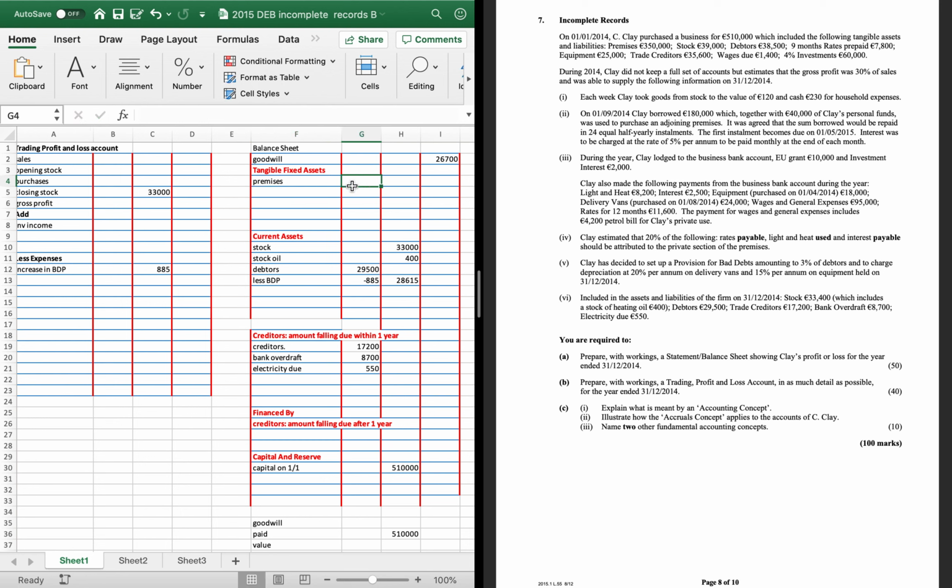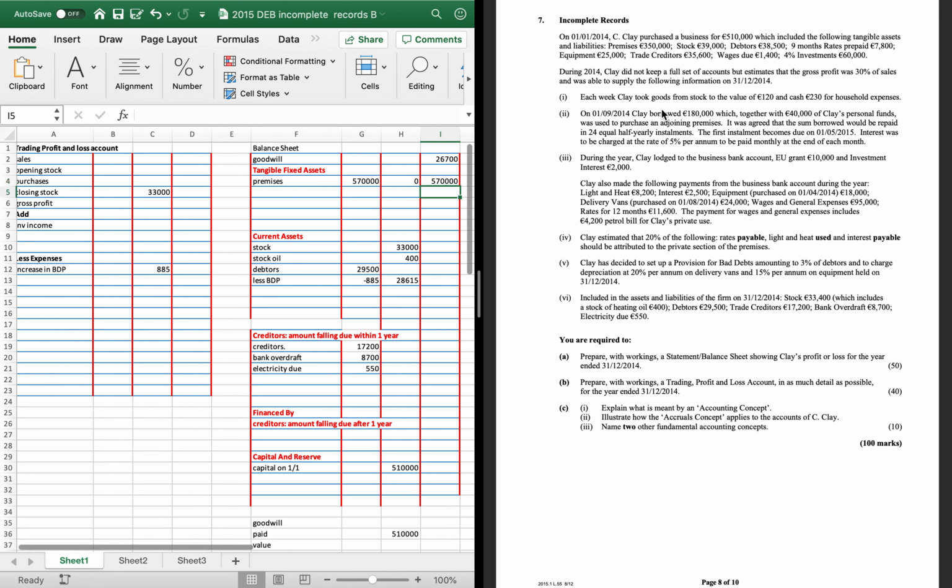So premises is 350 plus the 180,000 plus the 40,000 of his own money. Okay, so premises is 570,000. So we've got our premises in. There's no depreciation on the premises, so 570 there.